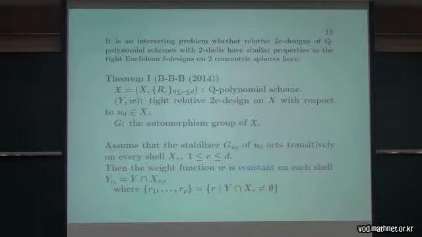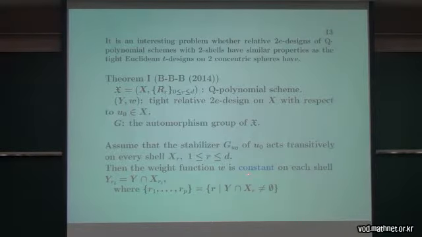We studied the weight function first, for a Q-polynomial scheme. Let G be the automorphism group of the scheme. If the stabilizer of u0 acts transitively on each shell, then we have this weight constant.